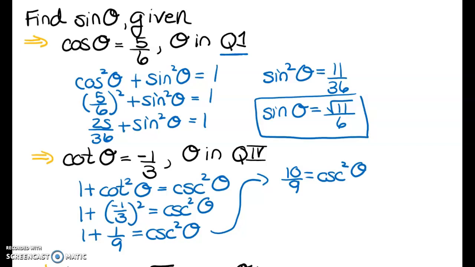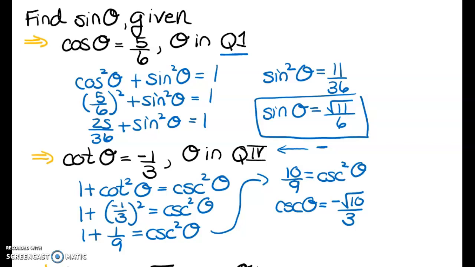And when I take the square root of both sides, I am in quadrant 4. So what is the sign of sine? It is negative in quadrant 4. So when I take the square root, I'm going to take the negative answer. So I am going to get, for cosecant of theta, the negative radical 10 over 3.